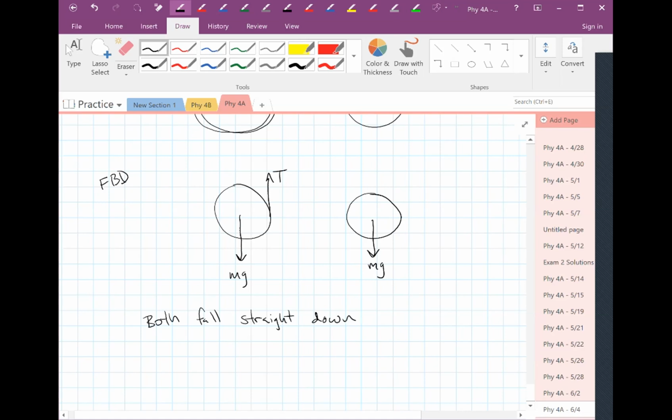Which one hits the ground first? If I drop them both at the same time, which one hits the ground first? Just look at the free body diagrams.